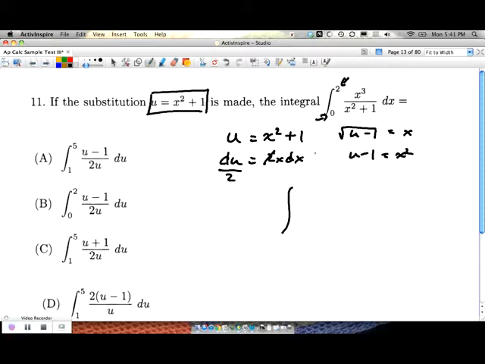Even before that, I could just put this u on the bottom. U equals x squared plus 1. For the boundaries, if x equals 2, then u is 2 squared plus 1, which is 5. If x equals 0, 0 squared plus 1 is 1. So it automatically cancels out b as a choice and e.